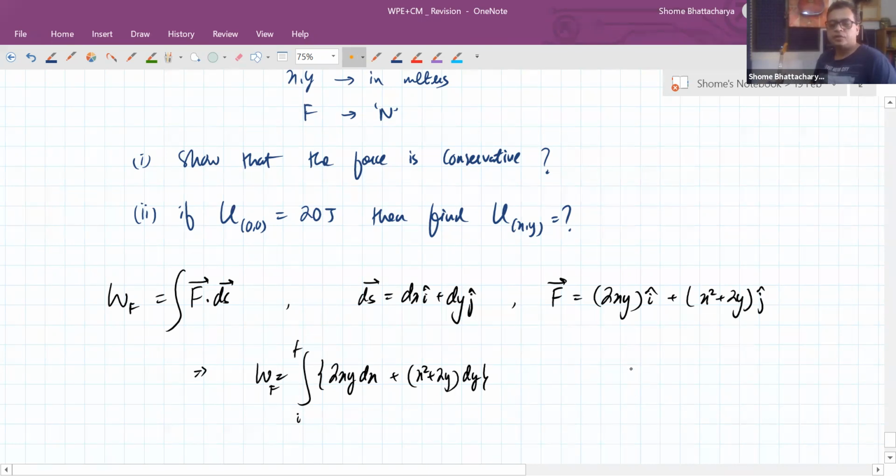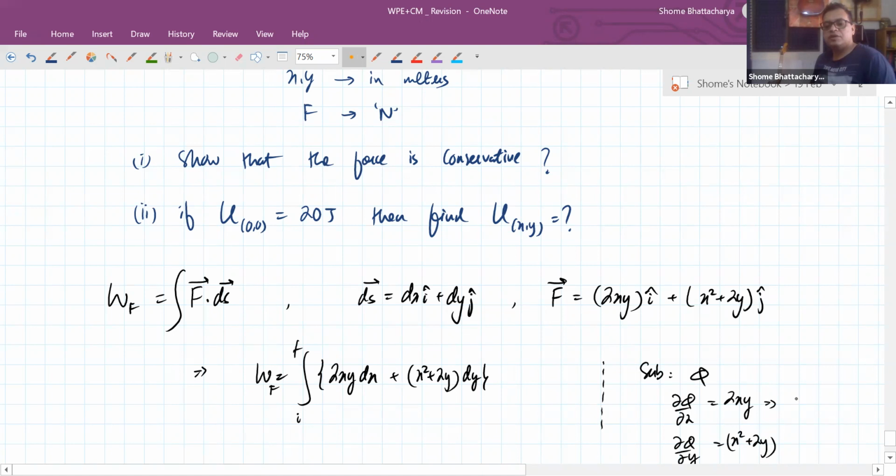Okay. So we can see that if we were to define a function, let's say phi, such that the partial derivative of phi with respect to x is 2xy and the partial derivative of phi with respect to y is x square plus 2y.